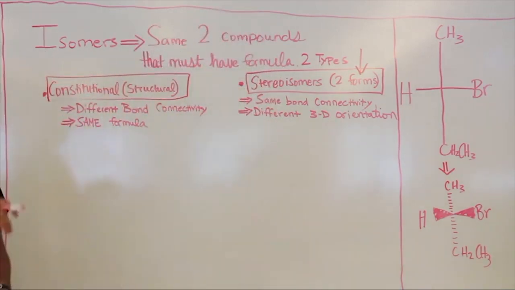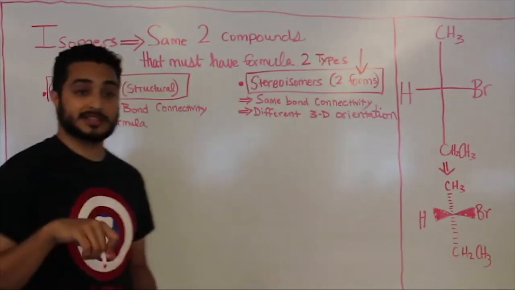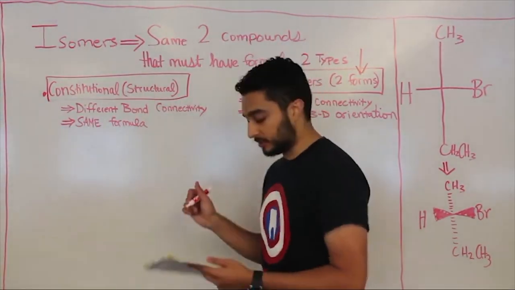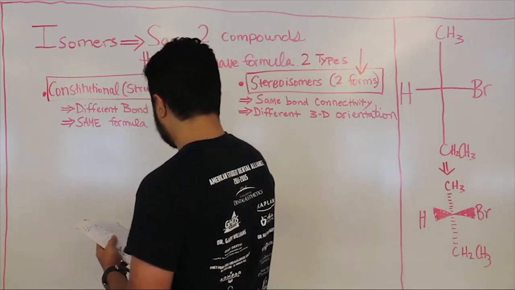Now, having all of this in mind, this is what's going to help us incorporate another aspect into nomenclature, which I'm about to give you an example of right here.